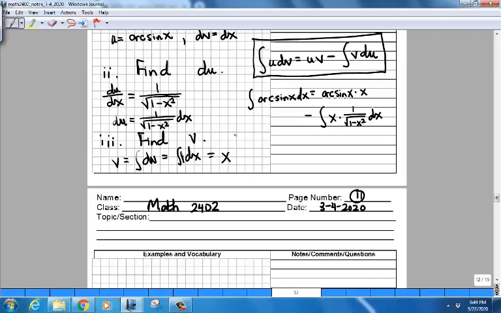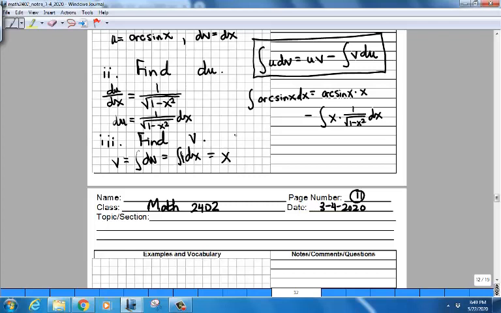Now, we may think here that we've gotten stuck, because it may look scary initially to integrate x times 1 over the square root of 1 minus x squared. That's not completely trivial, but I think this integral we can do by substitution. So we do not need integration by parts any longer.